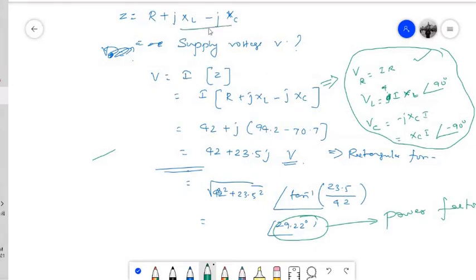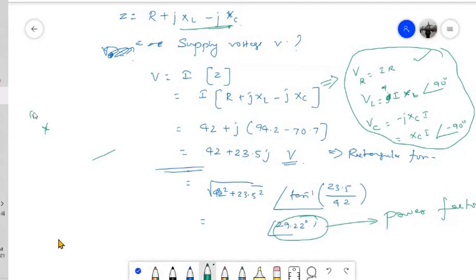So as I told you, if you are interested only in the inductive reactance, this is your impedance.